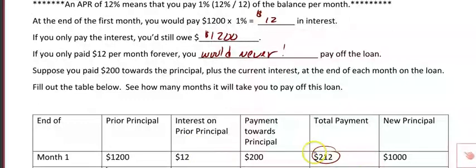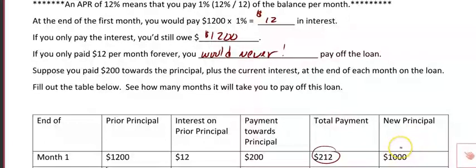So my total payment would be $212 at the end of that first month. Because I'm going to put $200 towards the principal, I have to pay the $12 in interest that has accrued on that $1,200 principal. So that total payment of $212 at the end of month 1 would give me a new principal balance of $1,000.